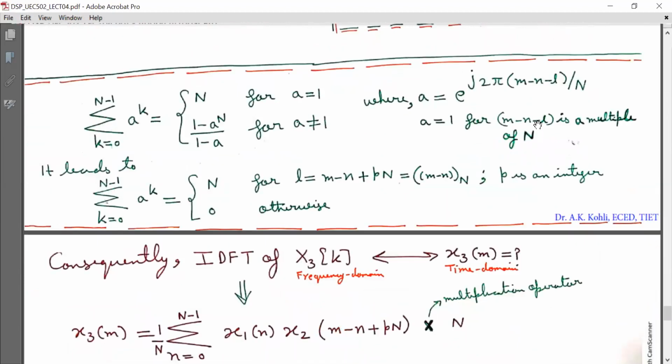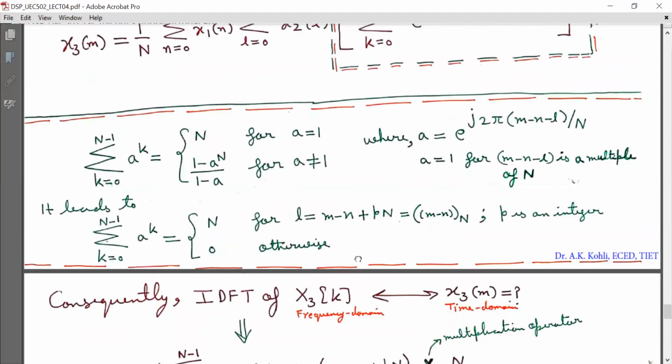Now from this property, if I consider l equal to m minus n plus pN, where p is an integer, I can write it in the form of a modulo N operation, that is (m minus n) with subscript capital N. So this summation will have value equal to N for l equal to m minus n plus pN, and this summation will have value 0 otherwise.